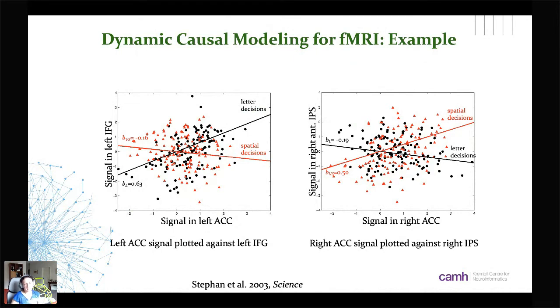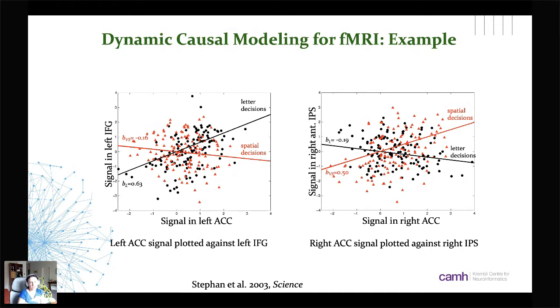And this is a very nice design for looking at effective connectivity in this network and how the ACC is modulating connections differently based on the type of decision that participants have to do.